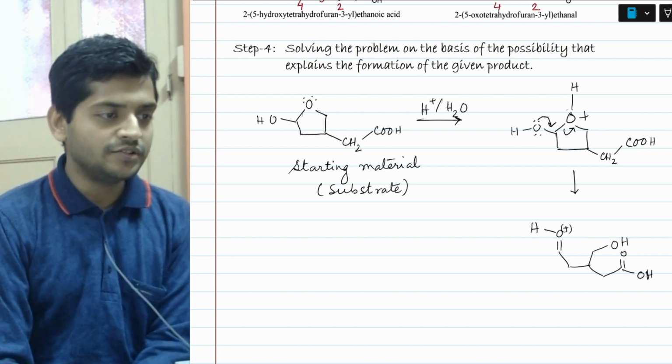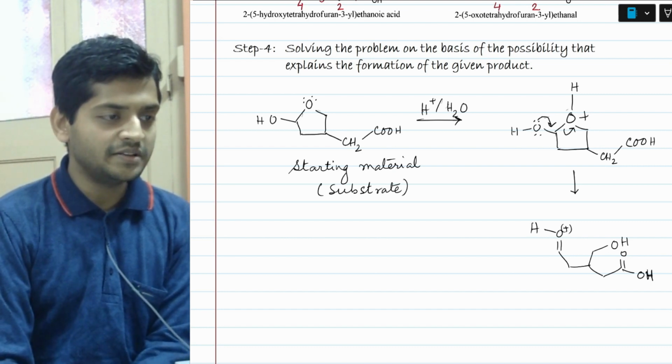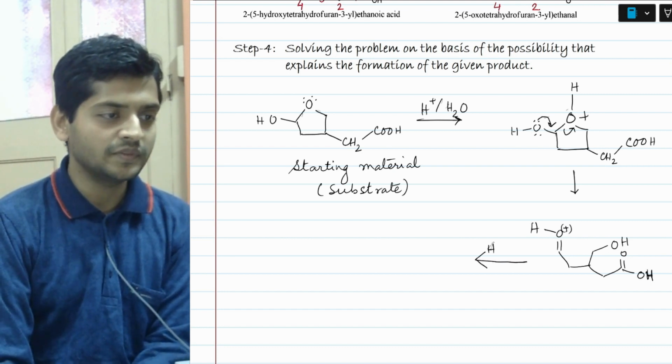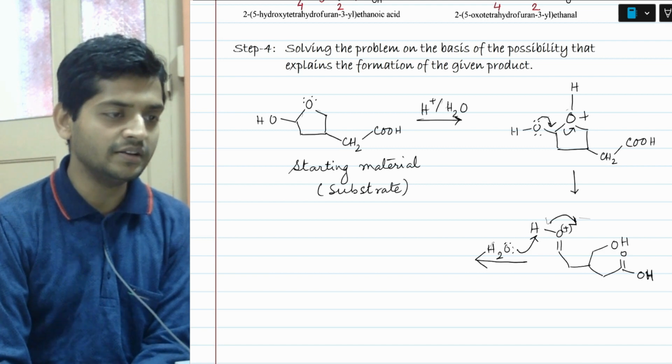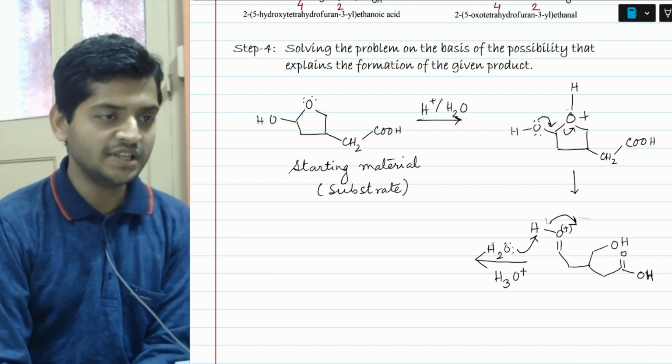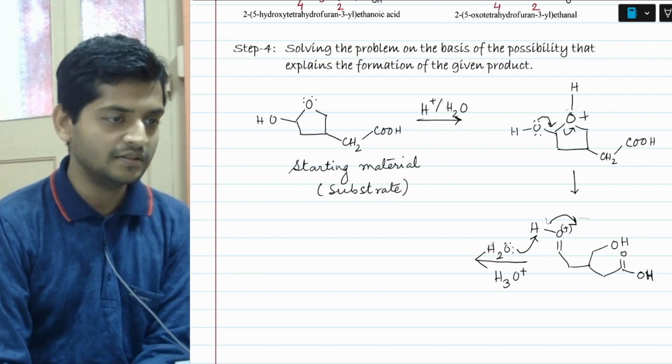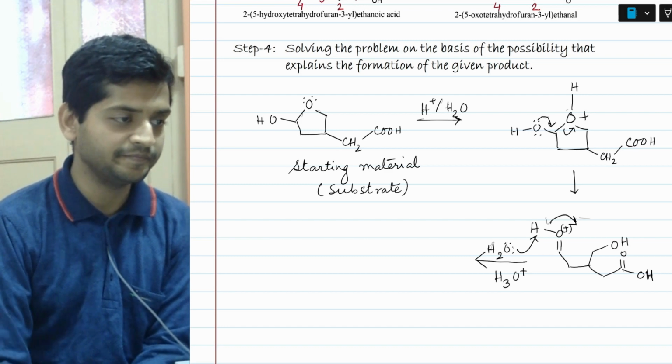Now it can also get deprotonated because there is plenty of water. The water's oxygen can take away the proton, and again it can reprotonate the carboxylic acid's carbonyl oxygen.